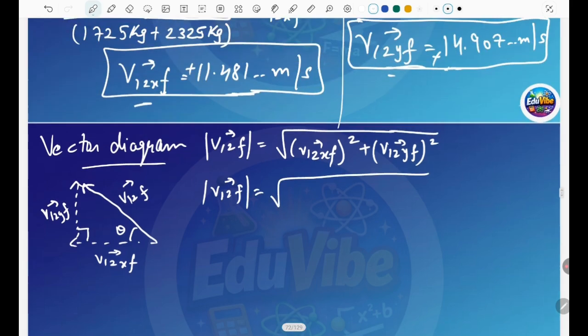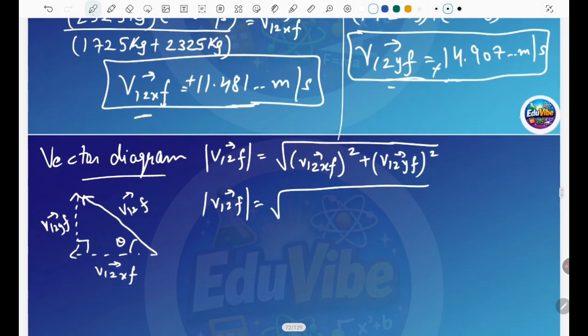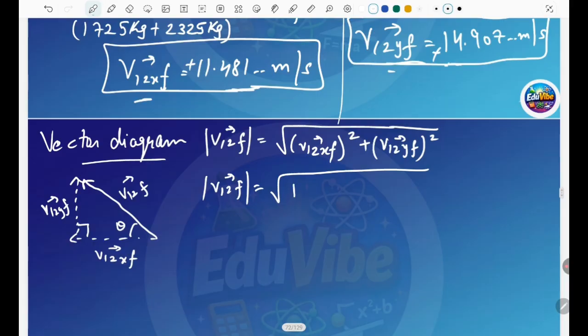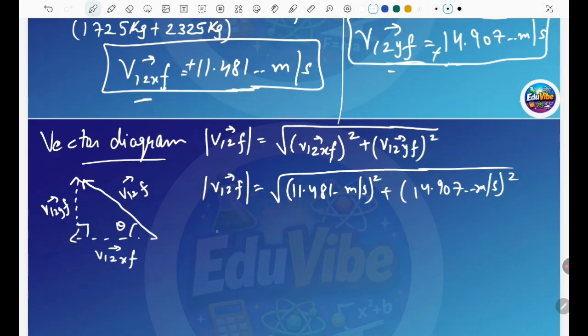We have to put these two values into the equation. Put the non-rounded values to get accurate results. We get about 18.8163 meters per second.